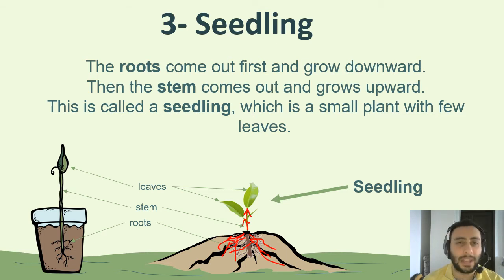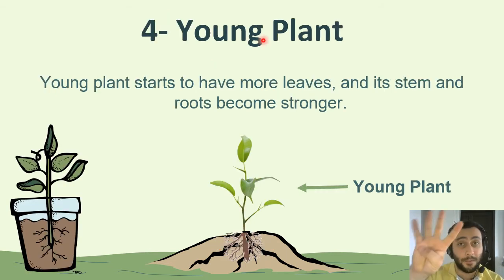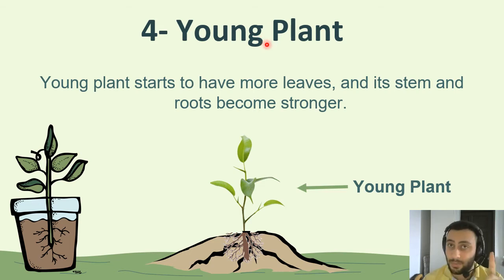Now let's go to the next stage, which is stage 4. Stage 4, which is after seedling, let's review stage 1, seed. Stage 2, germination or sprouting. Stage 3, seedling. And now stage 4 is young plant.